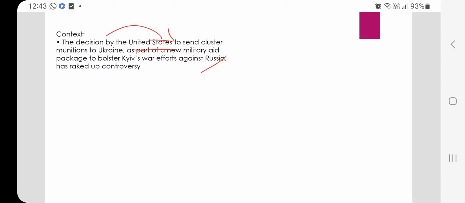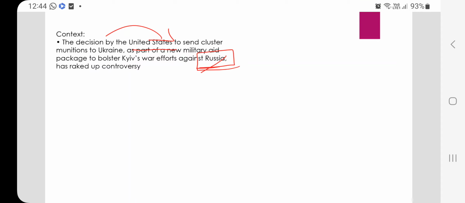In fact, since the war began in February 2022, there have been many documented instances where Russia has already used cluster bombs against Ukrainian cities.